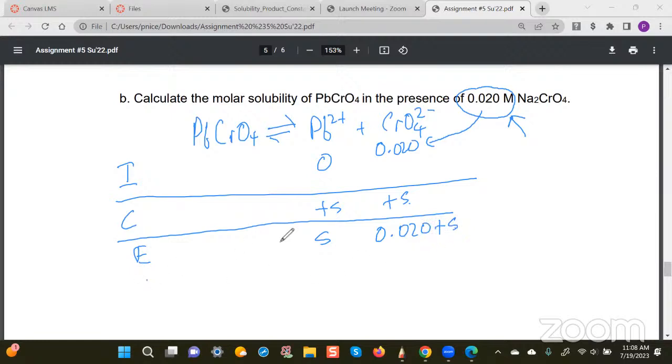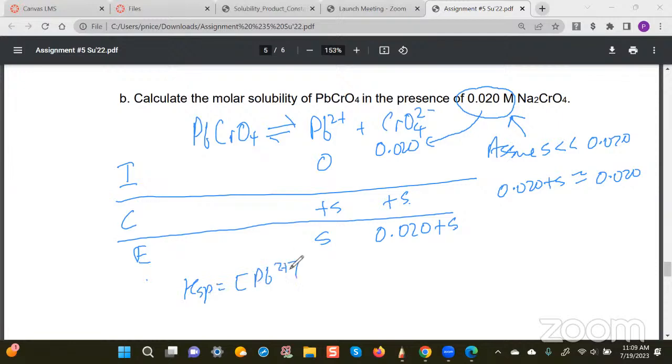Now, as we did in the case of weak acid, we can assume that S is much smaller than 0.020. We can assume that, right? So if we make that assumption, then 0.020 plus S will be approximately equal to 0.020, right?